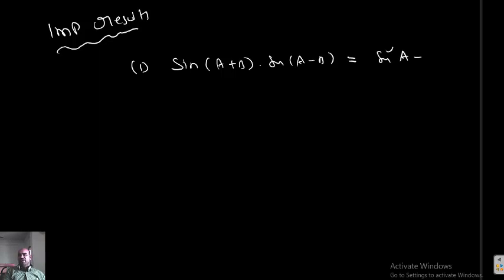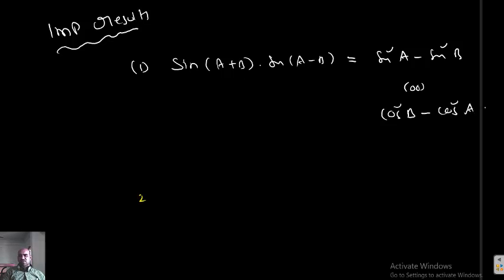Students, this chapter fully depends upon formulae. One is sin of a plus b into sin of a minus b, which can be remembered as sin square a minus sin square b, sometimes as cos square b minus cos square a.